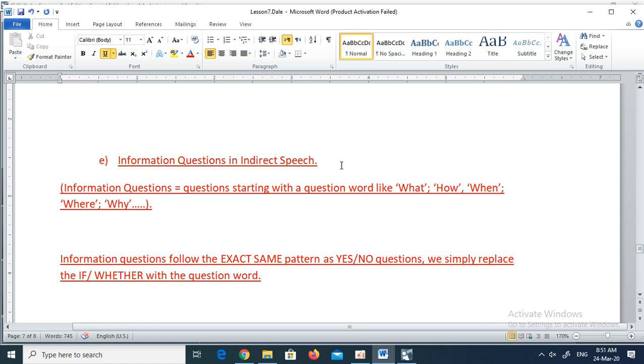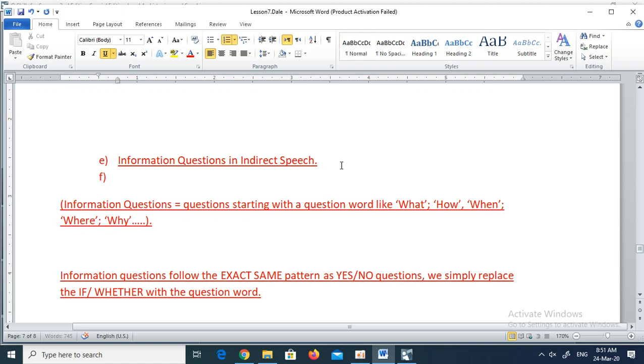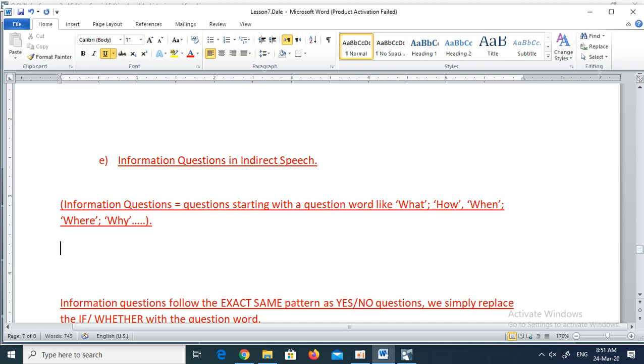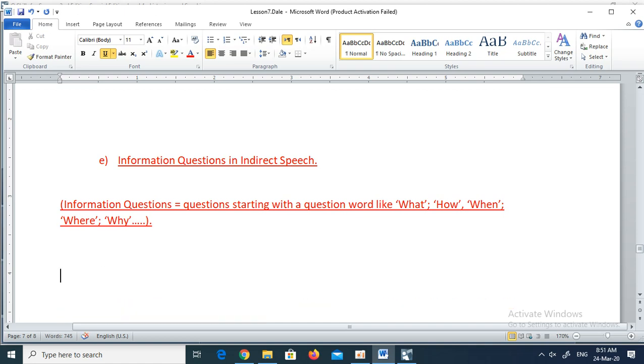Now, those are yes and no questions in indirect speech. Information questions follow a similar pattern in indirect speech.